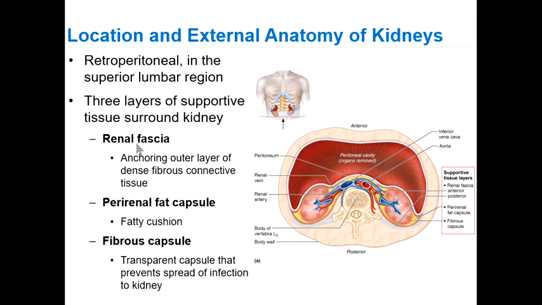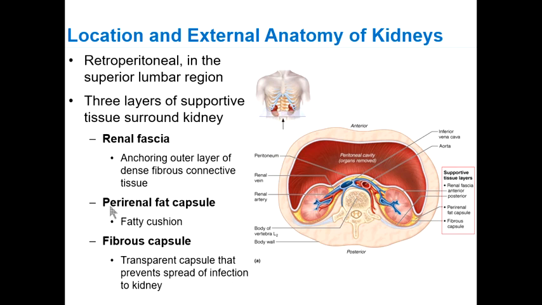One is the renal fascia, and that anchors the kidney to the walls. It's made of dense fibrous connective tissue, and we can see that renal fascia on the anterior side and on the posterior side. And that's just supporting the kidneys, allowing them to maintain their location in the superior lumbar region.